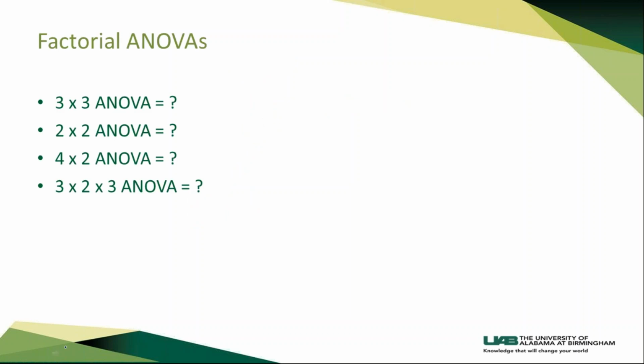So if we said we had a 3 by 3 ANOVA, what does that mean? Two independent variables, and then we had 3 levels in both. For a 2 by 2 ANOVA, that's the one we just did.